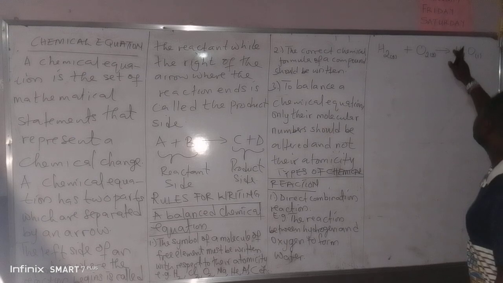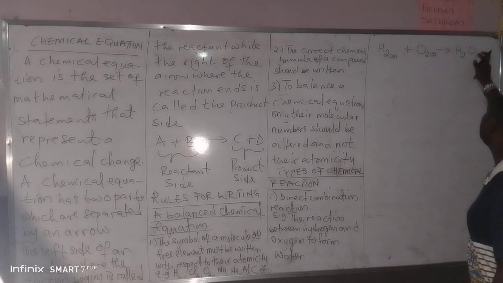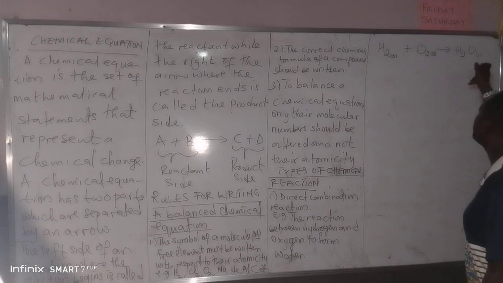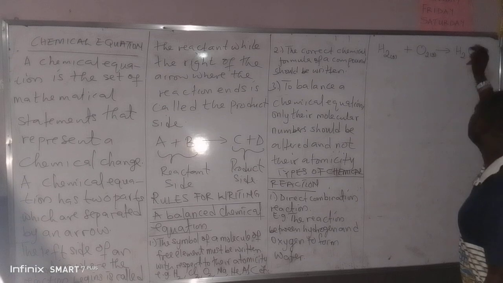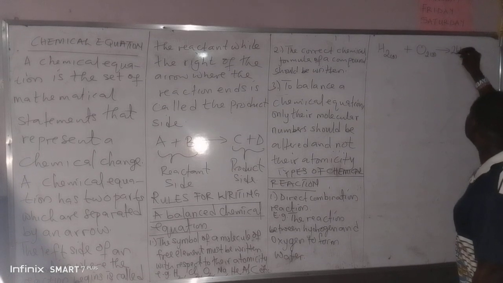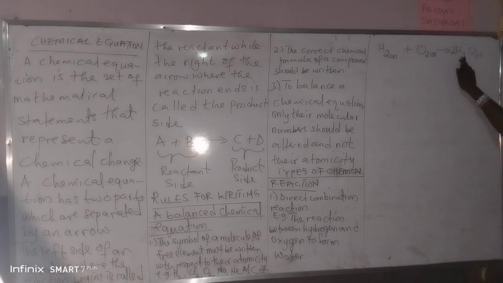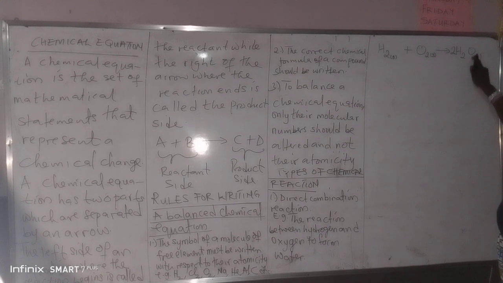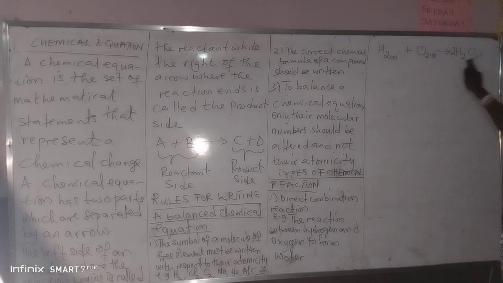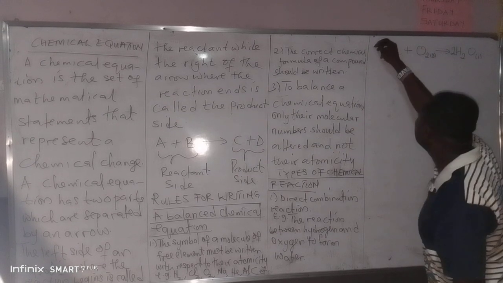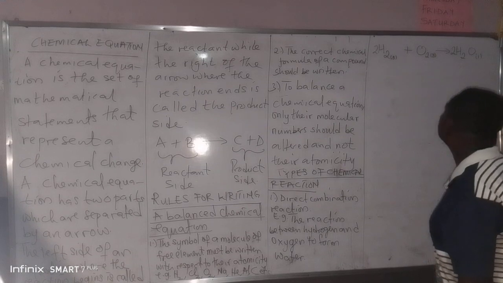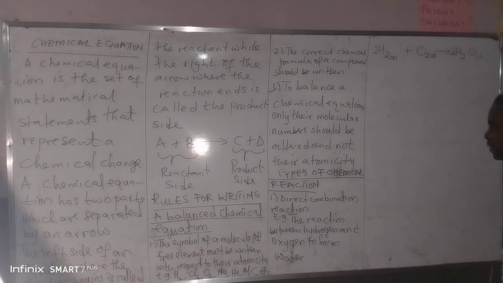You can only put a number in front, and it will affect all the elements here. If you put 2 here, 2 times 1, oxygen is balanced. But hydrogen now is 2 times 2, 4. So you have to put 2 here to balance this hydrogen. So the equation is balanced.